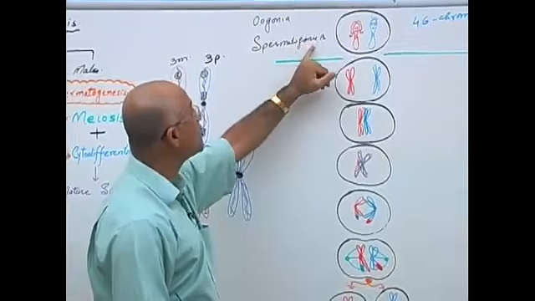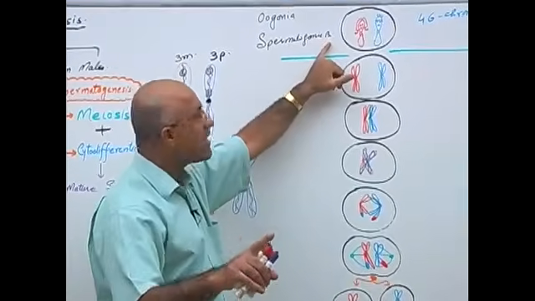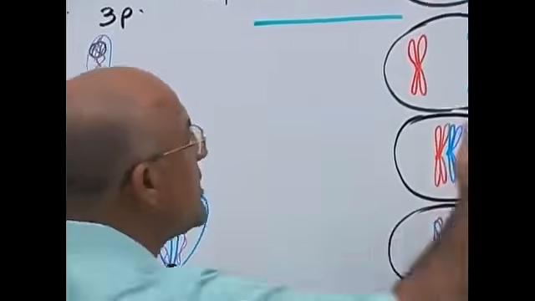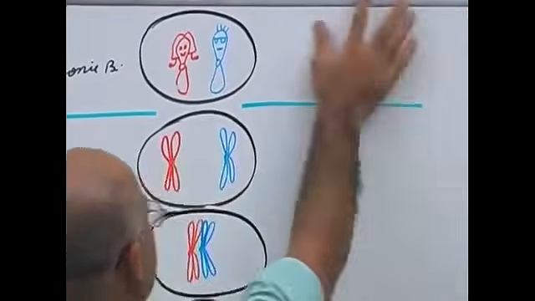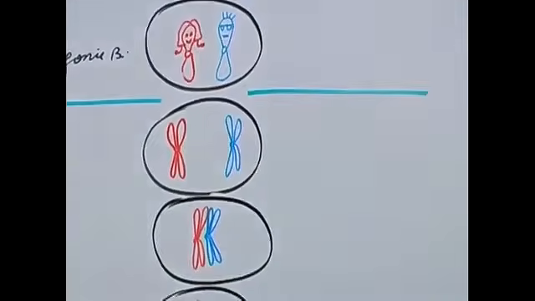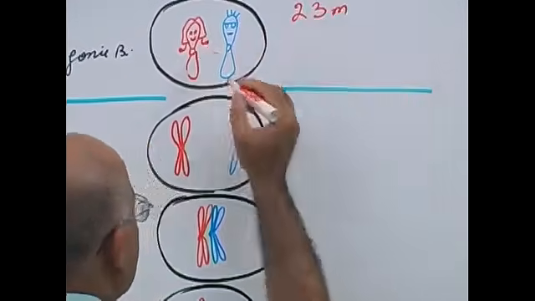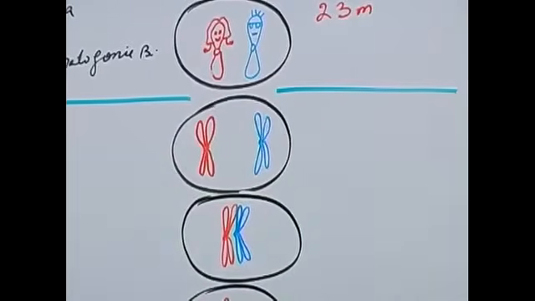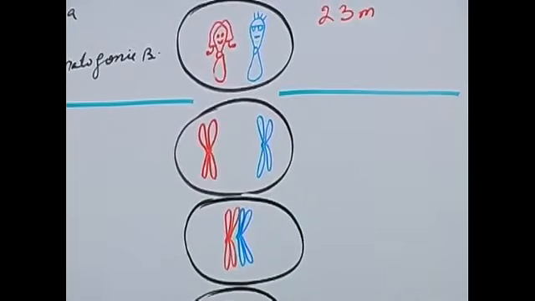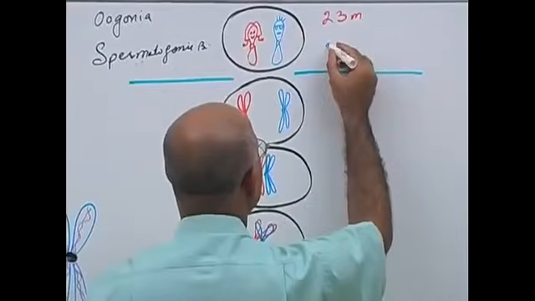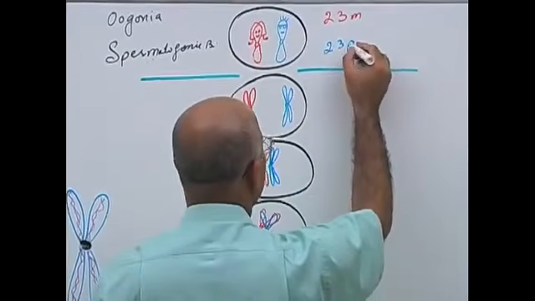Now we come to spermatogonia B. Spermatogonia B in my body has 23 maternal chromosomes, plus how many chromosomes from the paternal side? Also 23 paternal chromosomes.